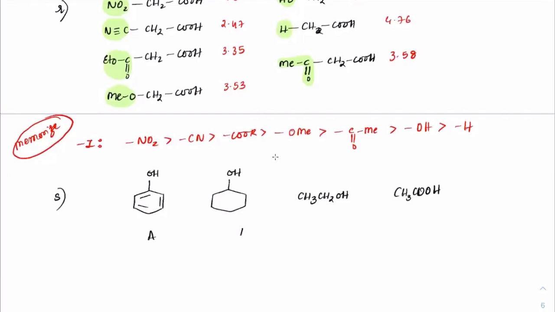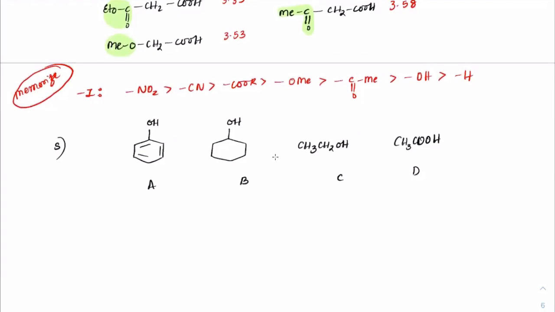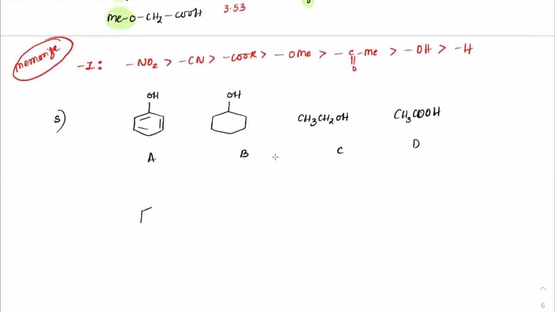Let me take these as A, B, C, D, and I'm trying to compare the acidic strength of these four. The way I work here is first I'll find out what properties they have after they form conjugate bases. This has O minus. Here also it has O minus. CH3CH2O minus. CH3C double bond O, O minus.